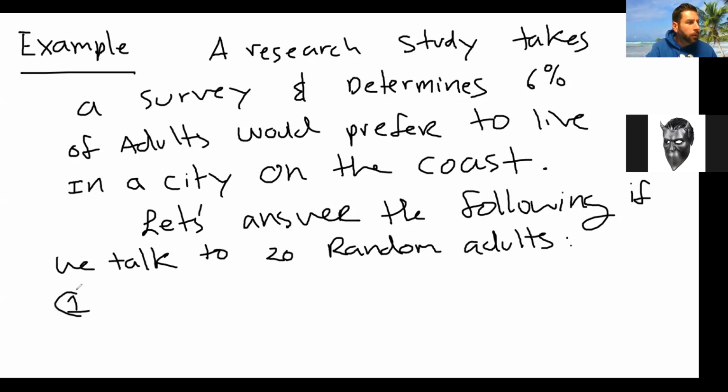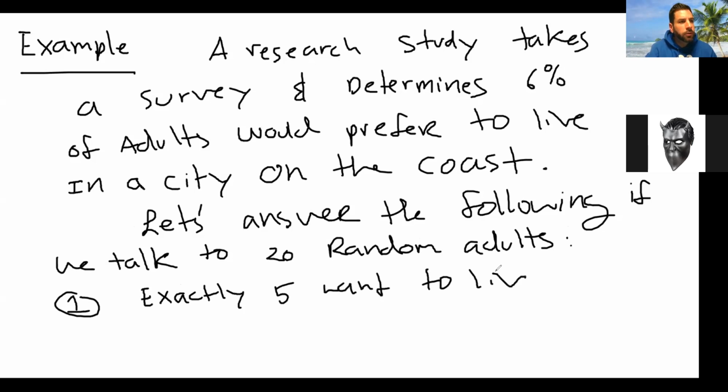Number one, exactly 5 want to live on the beach? So again, we're going to ask 20 adults, and what we want to know is the probability that exactly 5 want to live on the beach.